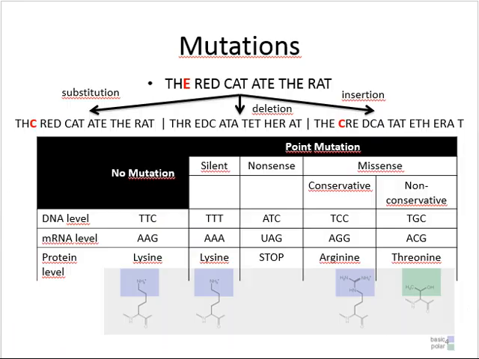Let's see a simple example. If we have a DNA sequence, you know the DNA sequence is read 3 in 3 nucleotides to give rise to amino acids. So, if we have the codons: the, rat, cat, ate, the rat, if you have a substitution in this sequence, substituting an E to a C, it can cause change, but you still can understand the sentence.